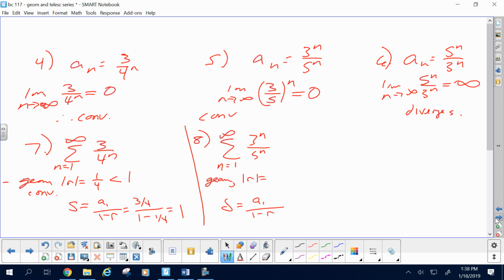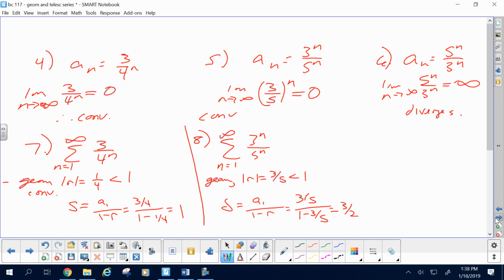This is geometric. What's the common ratio? Does that satisfy the condition for convergence? Yep. What's a1? And what's the common ratio? 3/5. What's 3/5 over 2/5?